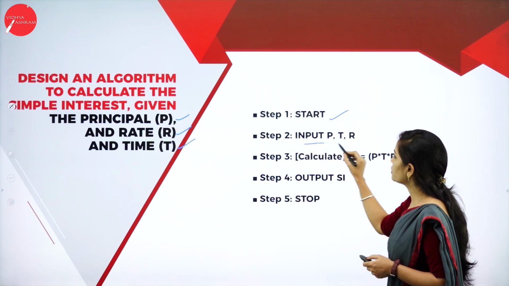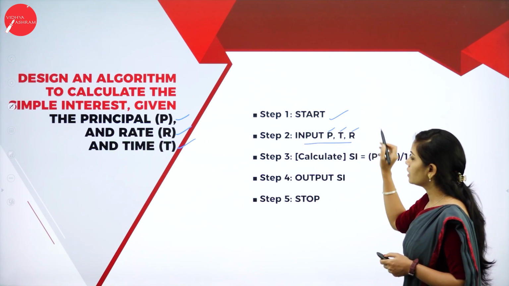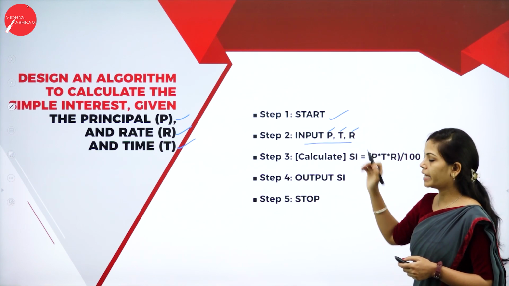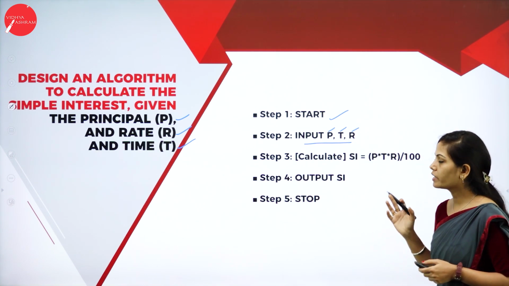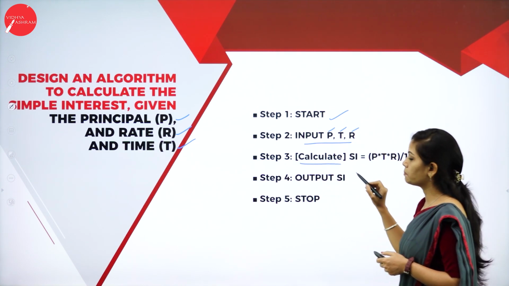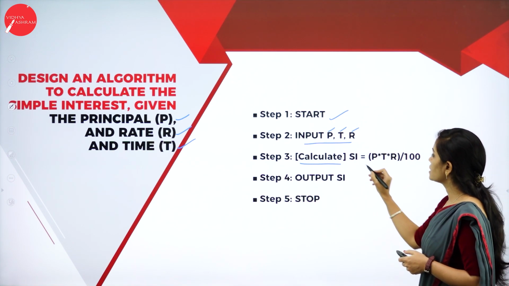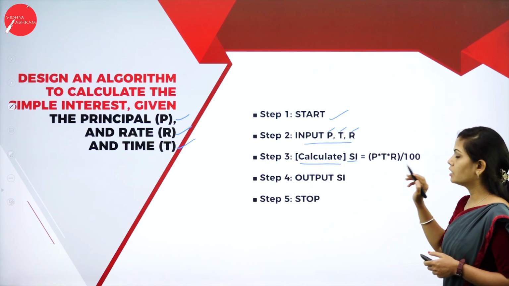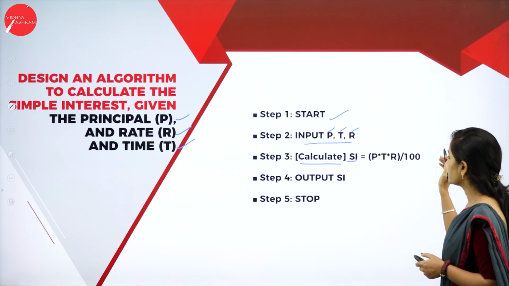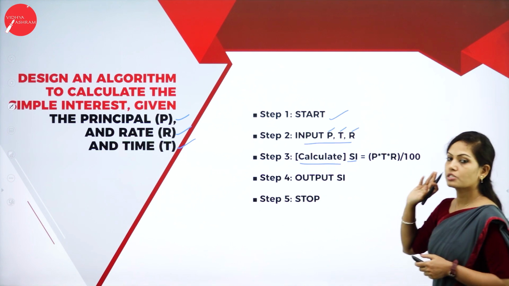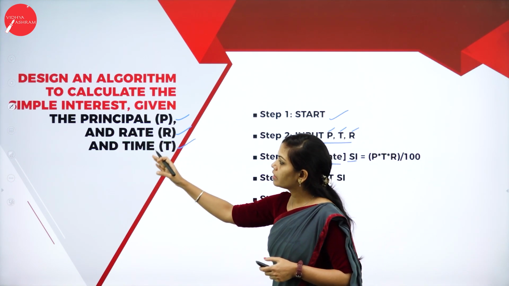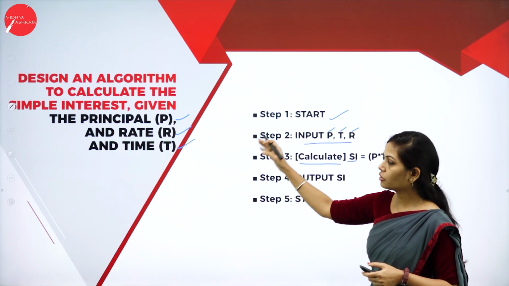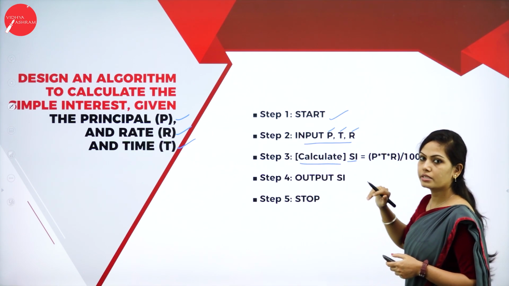Step 2 is input principal, time and rate. This is our input data. And what logic can we use here for finding the simple interest? Calculate simple interest is equal to P into T into R divided by 100. So here we are finding the simple interest for the given data called principal, rate and time.